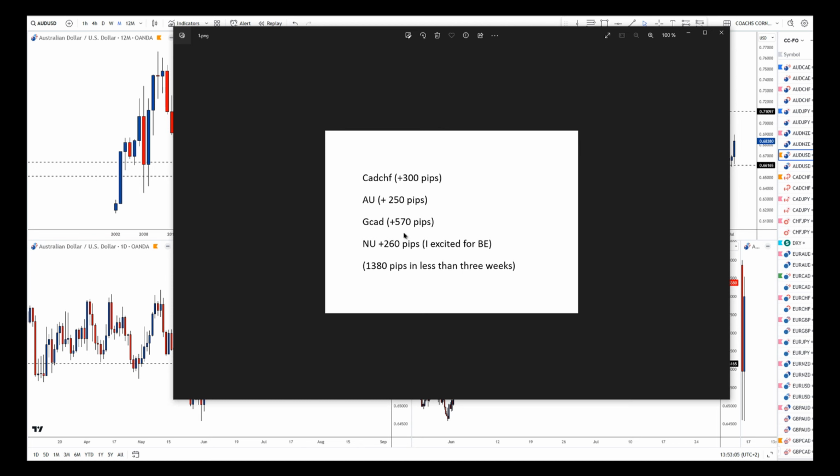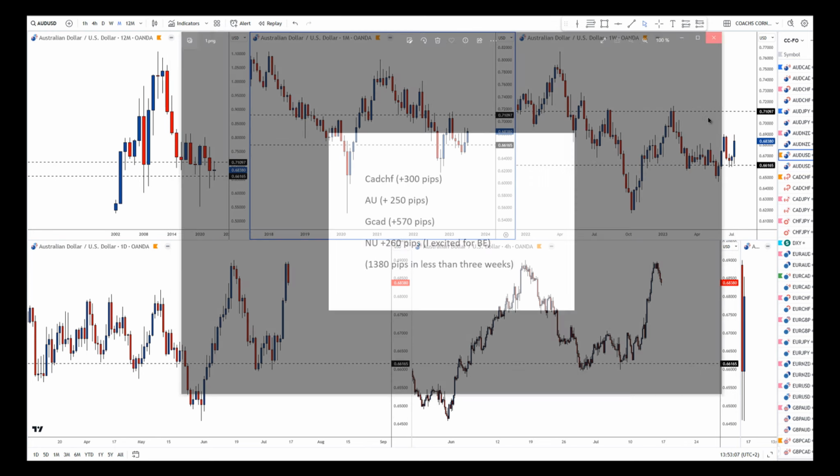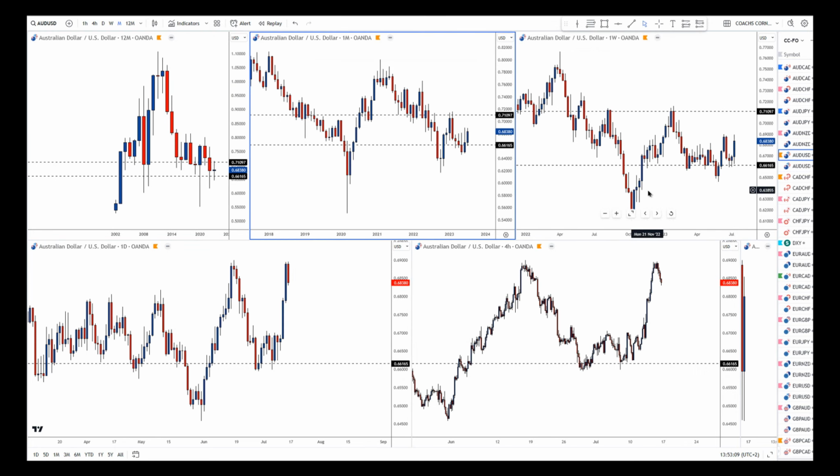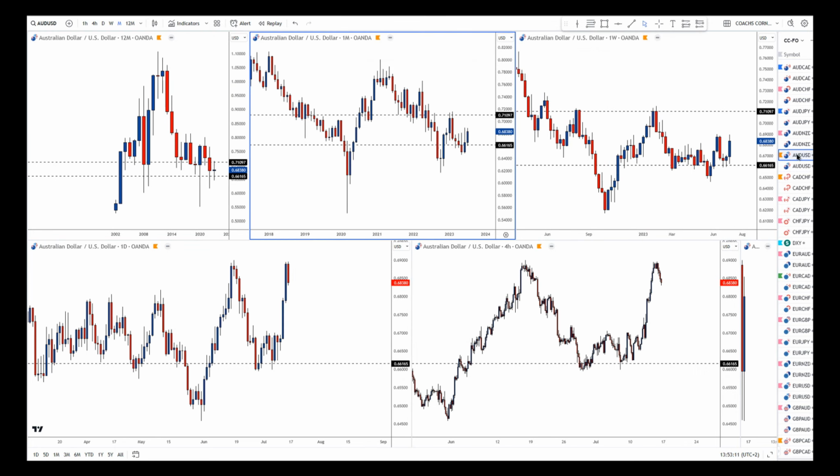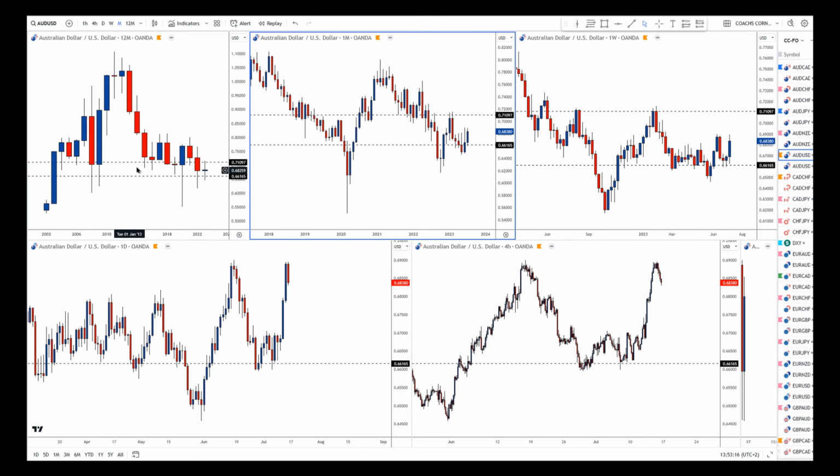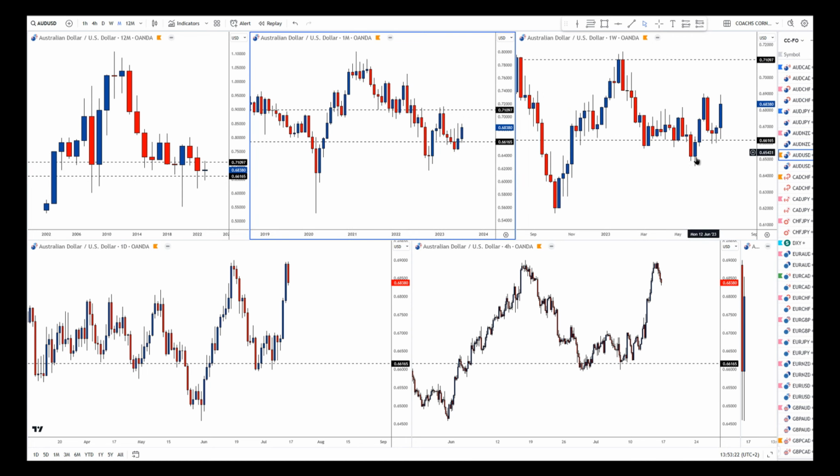So let's go through these trades and show you why we took them. It's the same robotic approach as usual. So for Aussie dollar, my yearly bias is up for the reason I mentioned within the service, and then we identified rotation.